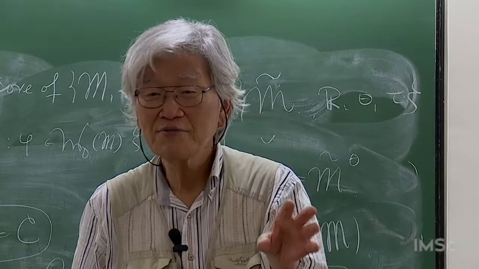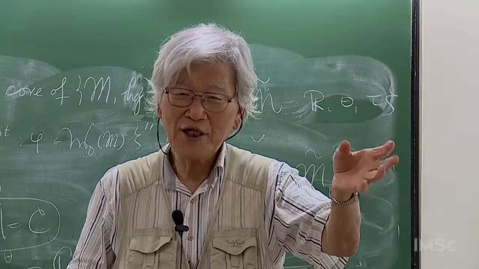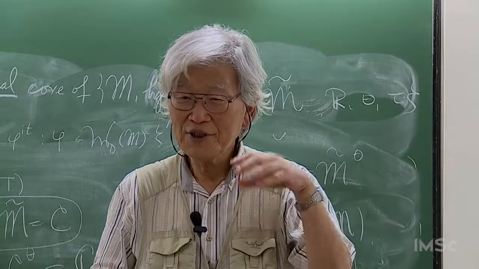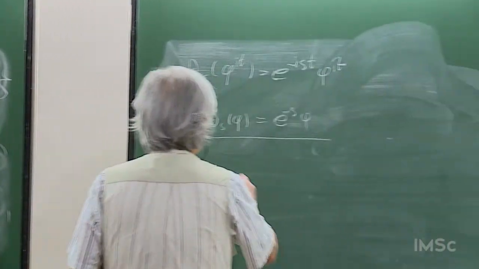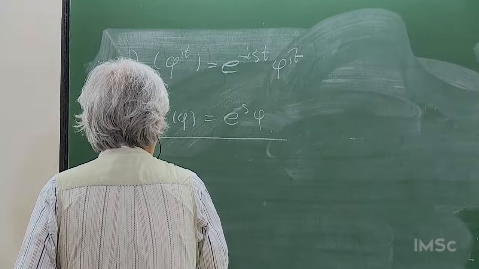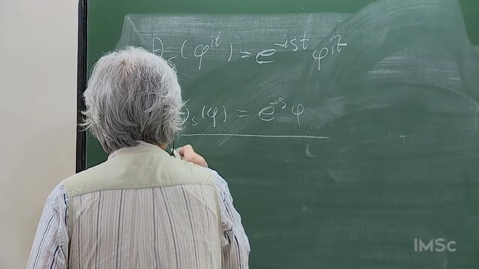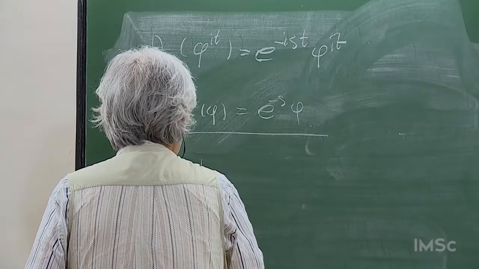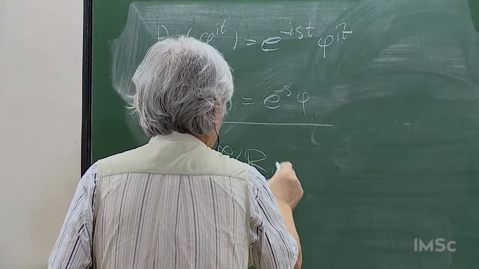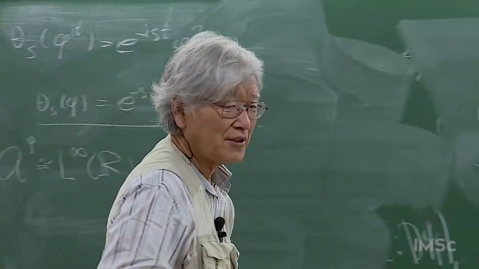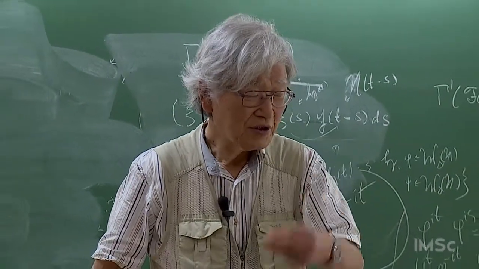An automorphism has to preserve the norm, but at the same time the norm has to respect scalar multiplication. So phi cannot be bounded. At the same time, if you decompose that, then you can have that A sub phi equals L infinity of R relative to Lebesgue measure. That's the uniqueness of the Heisenberg commutation relation in the unitary form.